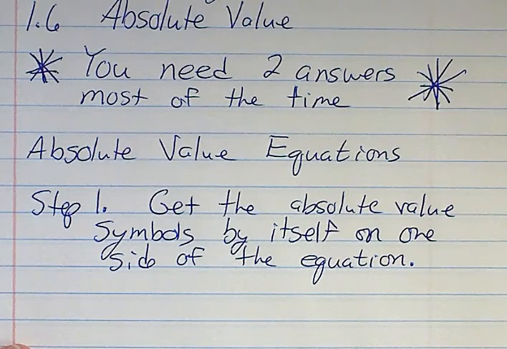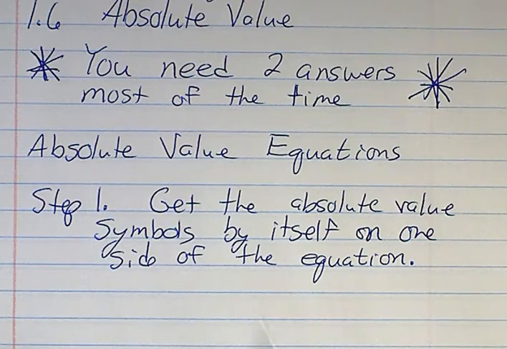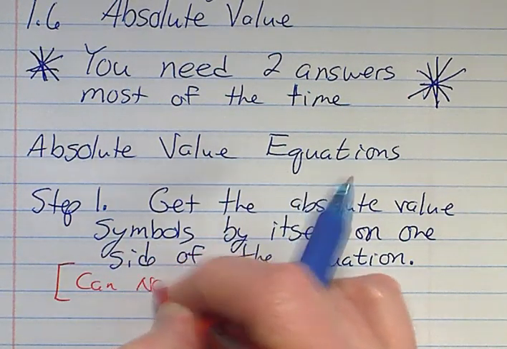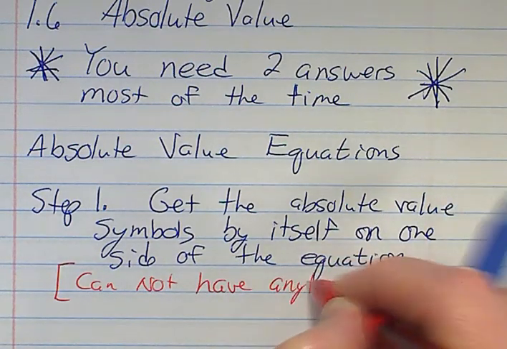Now, sometimes people get off on that one. Here's the big thing you've got to do: you cannot have anything on the outside of the absolute value.